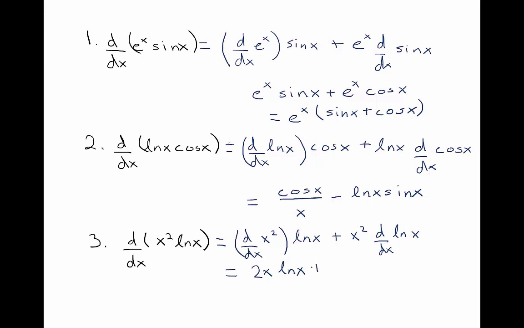Then we have x squared times the derivative of log x, which is 1 over x. Now this one I definitely want to simplify, so I get 2x log x. You see this one I can cross off here, and then I just have plus x. Now this one you can also simplify, say if you like to pull out the x, then you can say x times 2 log x plus 1.